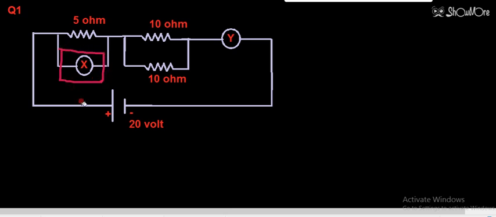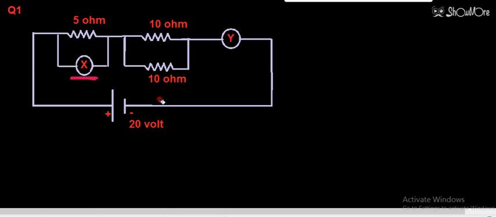If we have to find some voltage drop, that voltage we have to measure, and for that we connect a voltmeter in parallel. So if device X is connected here, then X is said to be a voltmeter.